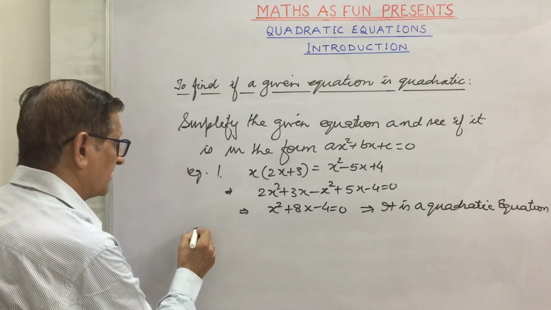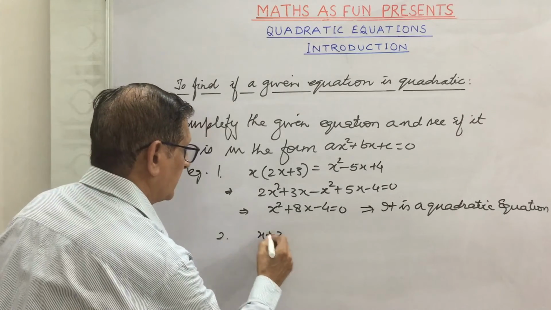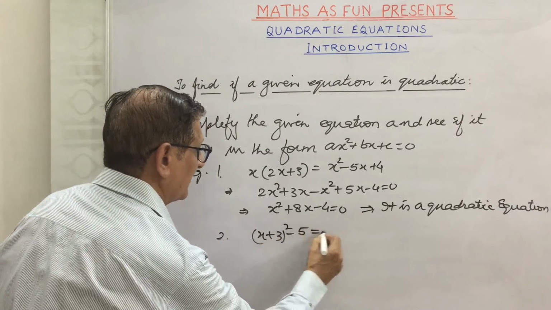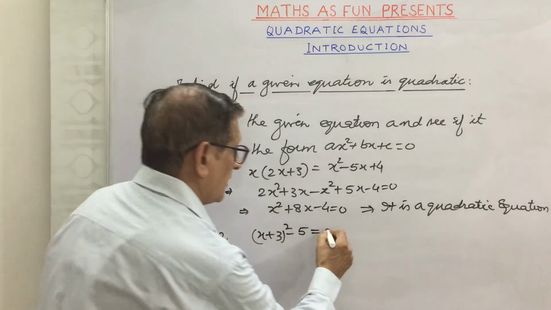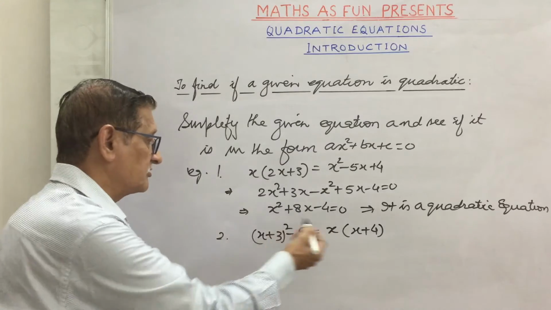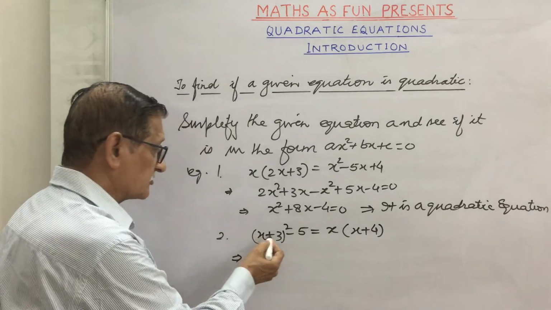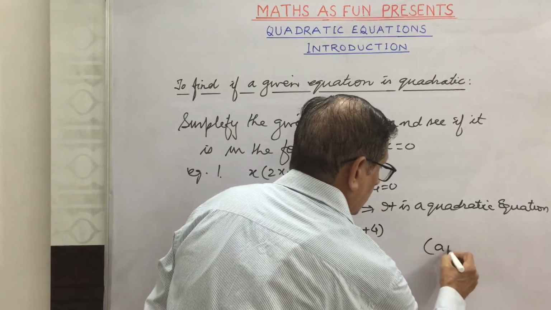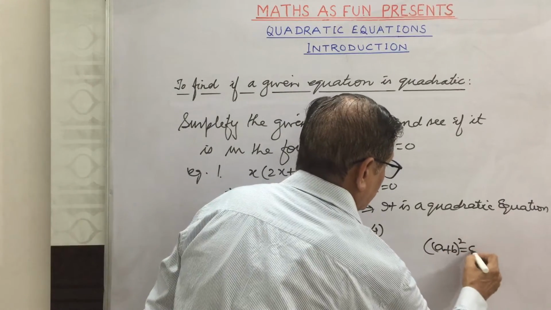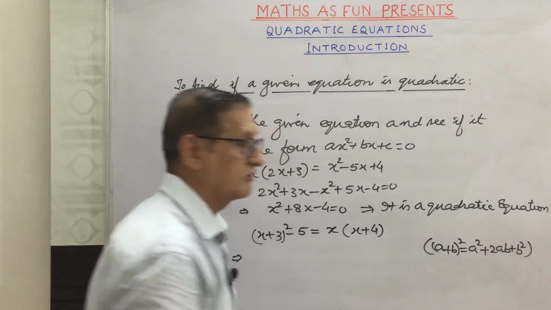Now suppose we have been given here (x + 3)² - 5 = x(x + 4), and we have to see whether it is a quadratic equation or not. So we'll simplify. We know the square of a plus b: (a + b)² = a² + 2ab + b².